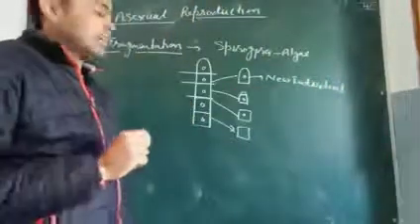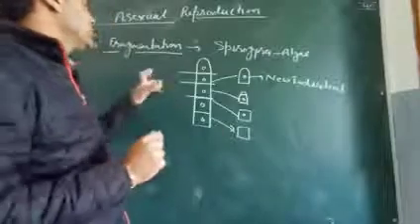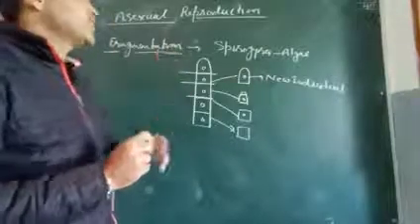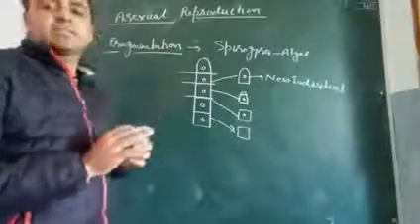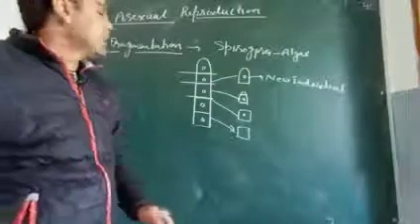And this mode of reproduction is called fragmentation. Okay, so fragmentation takes place in Spirogyra.